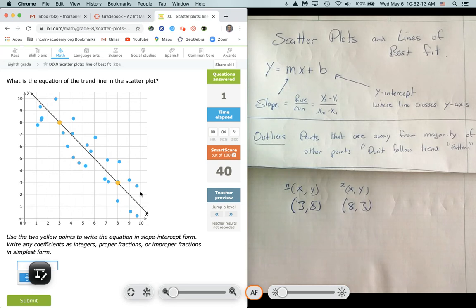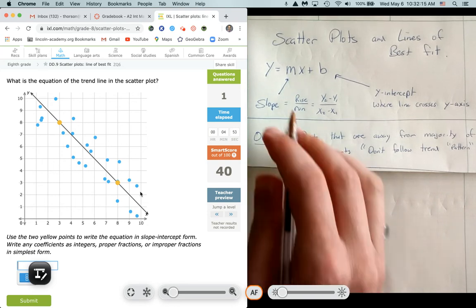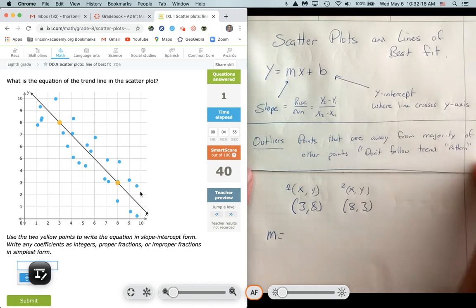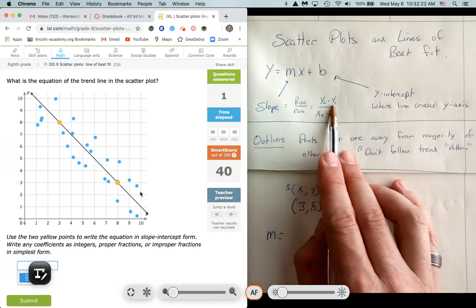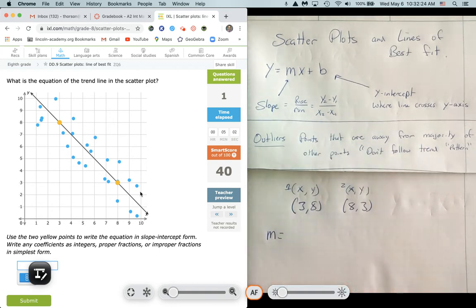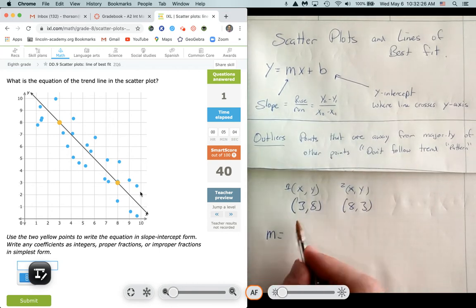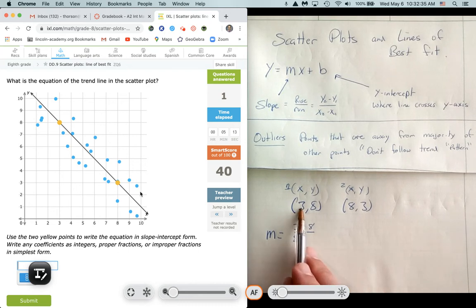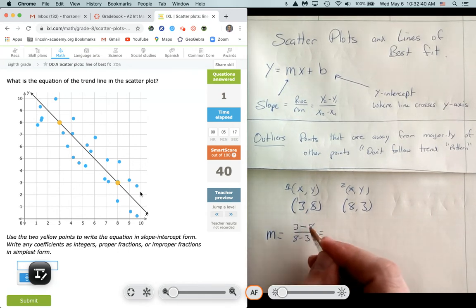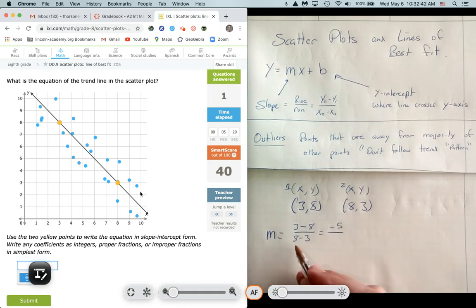Now I'm going to find my slope. Remember, my slope is going to be this rise over run, which is y2 minus y1 over x2 minus x1. So I'm going to take my second y, 3, minus off my first y, which is 8, divided by my second x, which is 8, minus off my first x, which is 3. 3 minus 8 is negative 5. 8 minus 3 is positive 5.